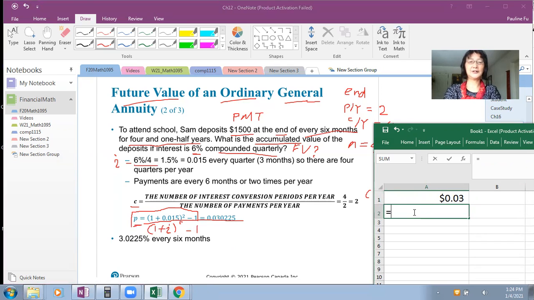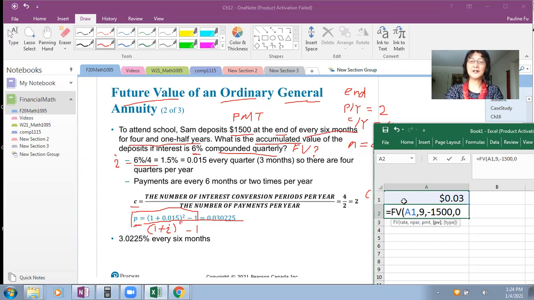So what we are asked to find in this question is the future value. Rate is this number, your P. Then NPER is 9 payments. PMT is negative 1500.